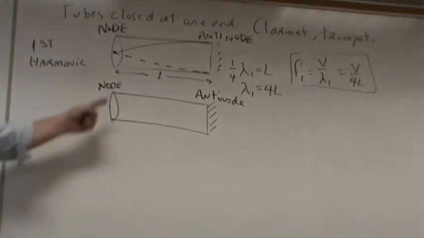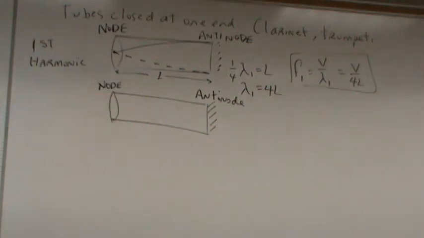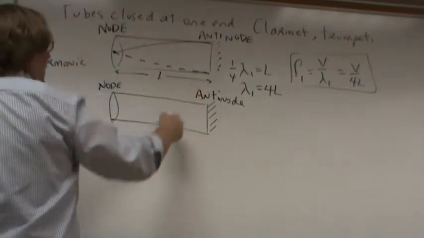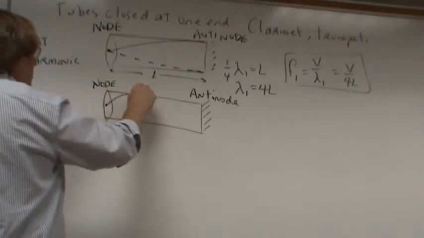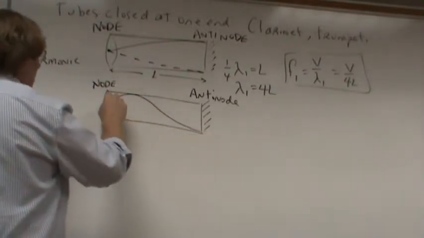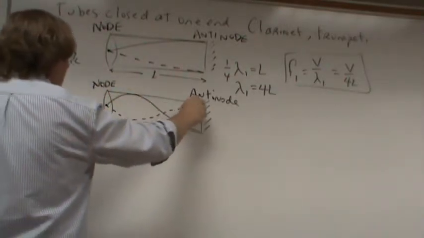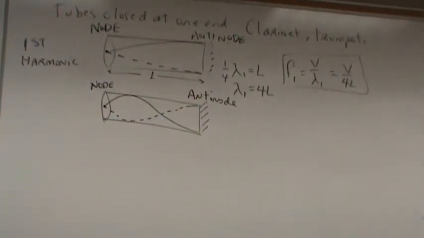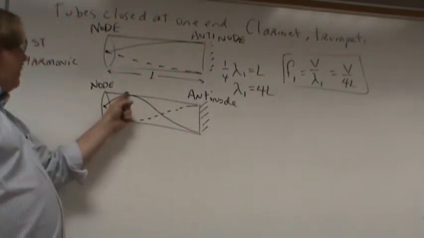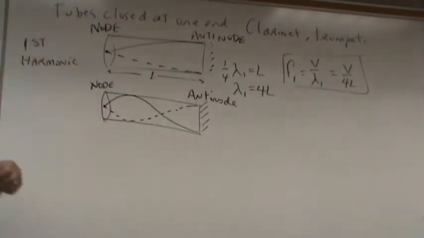But now I'm going to get the next harmonic, which means I'm going to have another antinode and another node in between. That is, it's going to look like this. There's my next harmonic. I have node, antinode, but I have another antinode and another node in between.